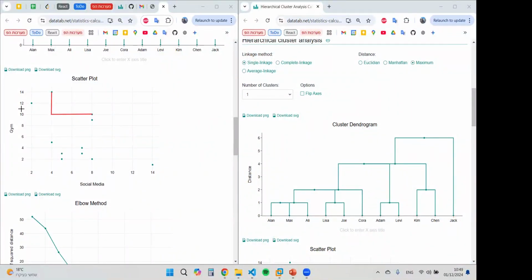So the value over here will be 4. And for the y-axis, this is 14 and this is 10. Let's say it's 2 for the sake of comparison. The distance overall between this node and this node will be 4. This is the maximum.